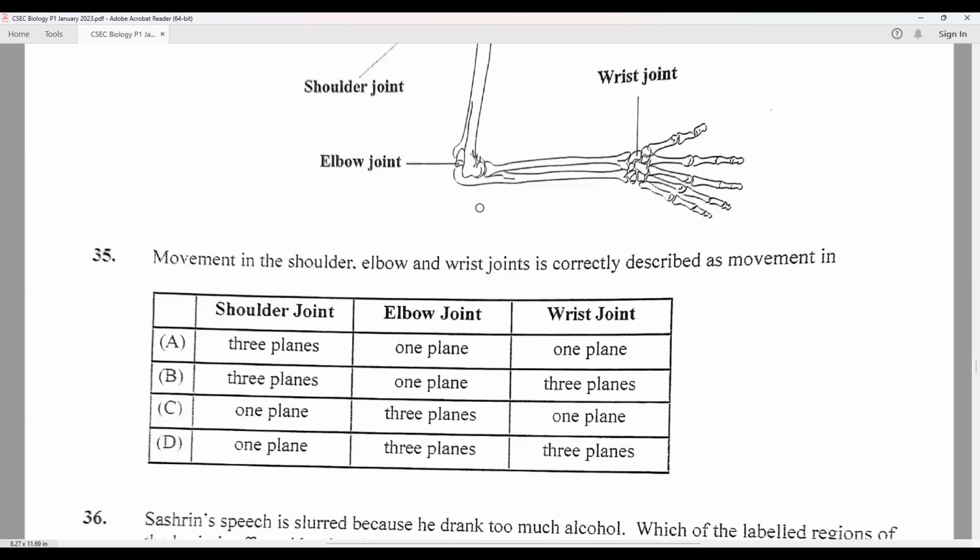You could either straighten it or not straighten it. And then the wrist joint. What does the wrist joint do? I hope if you can't figure this out, everyone is moving their wrists. If you get this question in the exam, put 35 at B.